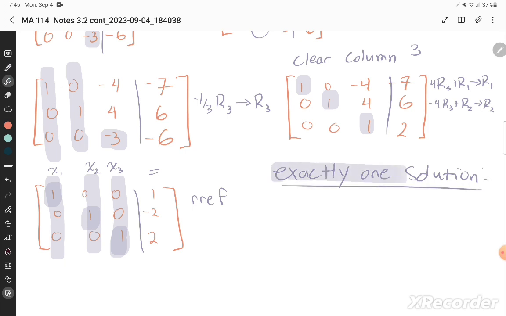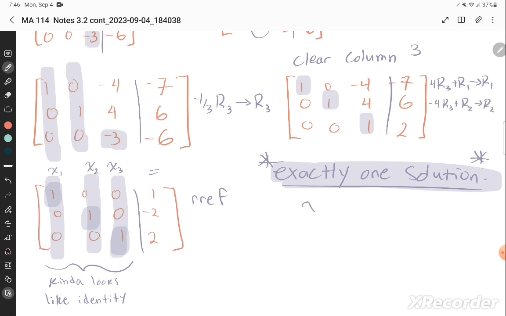Now, this is what I was trying to mention last time. I apologize that I kind of got ahead of myself and got things jumbled up and definitions confused. This is row reduced echelon form. But when I have a row reduced echelon form where the left-hand side looks like the identity matrix, because I've got ones across the diagonal and zeros everywhere else, this is when I have exactly one solution.